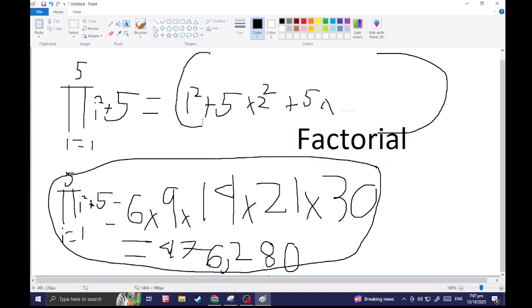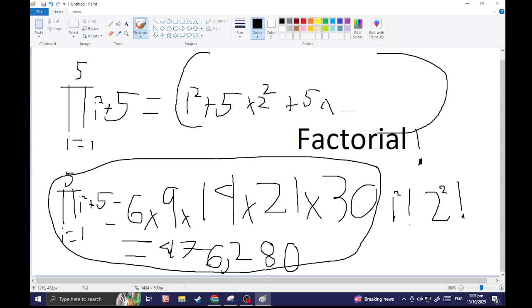You get factorial. I think this is basically factorial, but like if it's like this, or like this, I think this doesn't exist.